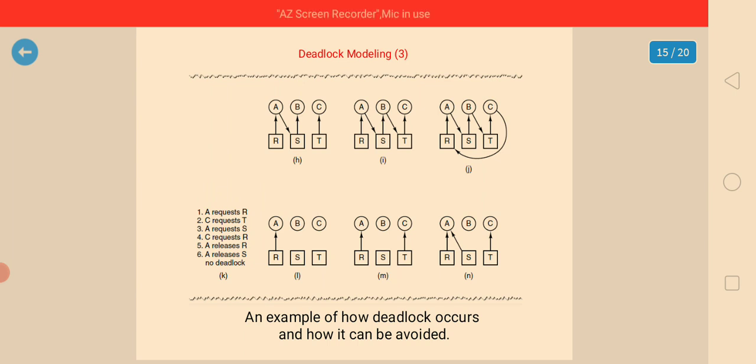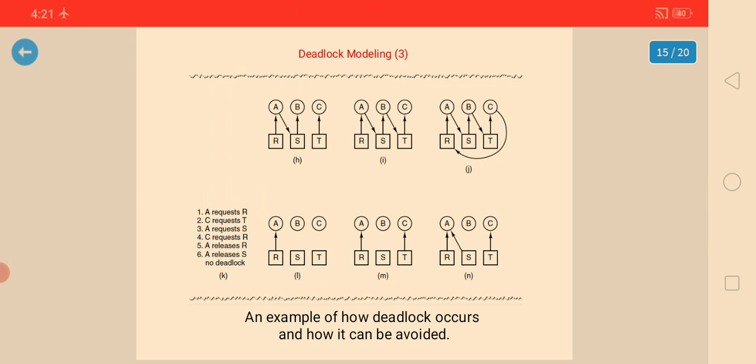In this example, we see how deadlock occurs and how it can be avoided. In the first diagram, R is holding A, S is holding B, and T is holding C. So here no deadlocks. In the next diagram, R is holding A, and S is holding B, T is holding C, so there are no deadlocks here.